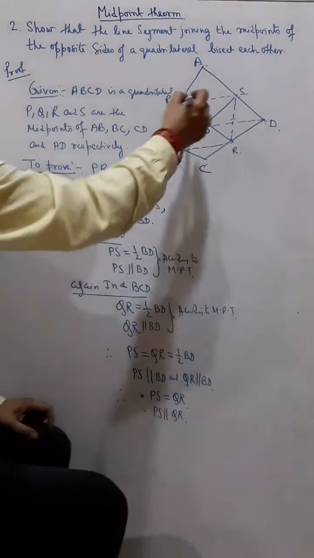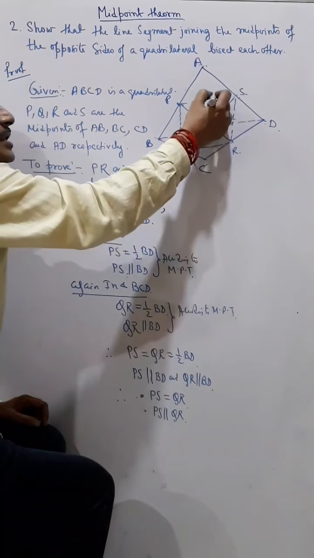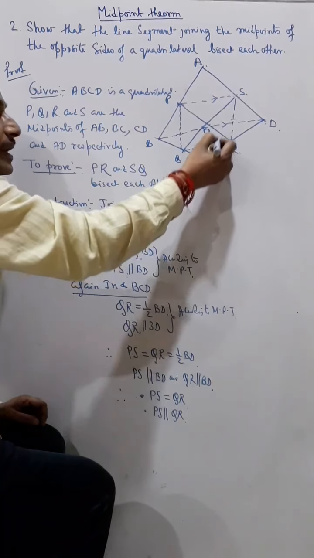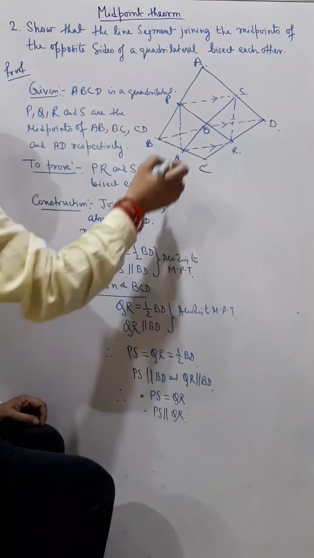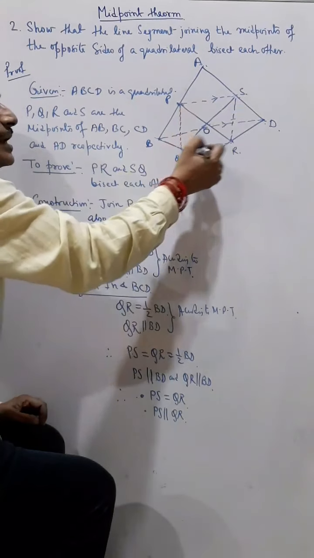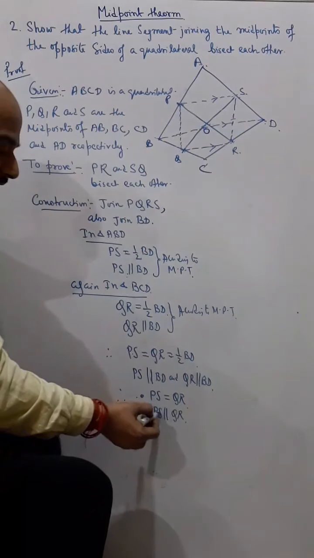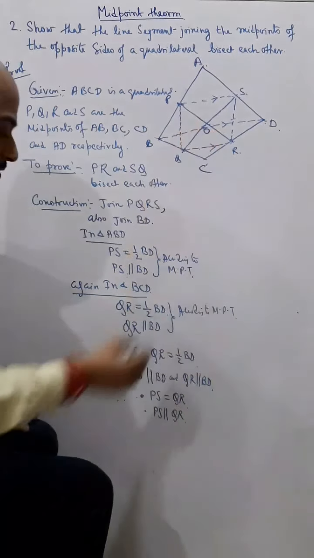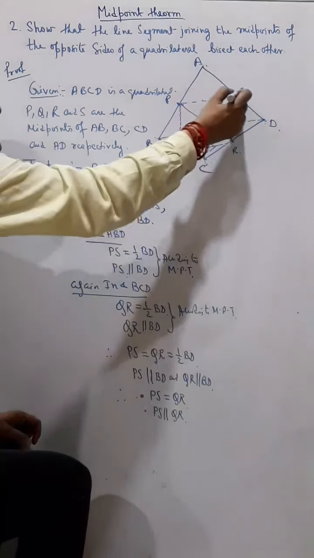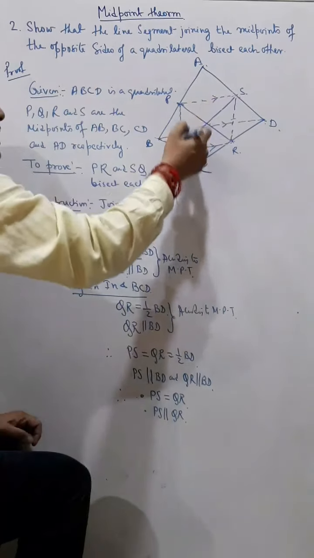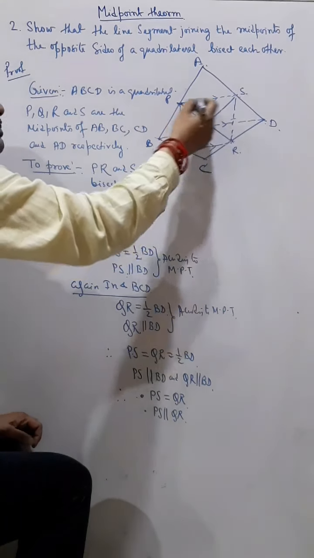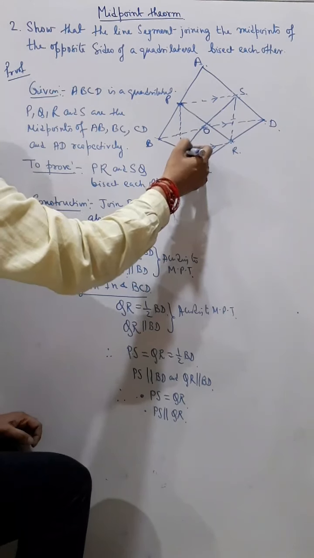Try to understand, if PS is parallel to BD and if QR is also parallel to BD, then finally I can say that PS is parallel to QR. So PS is parallel to QR, and similarly PS is also equal to QR. So you can see in this figure, this PS is parallel to QR and PS is equal to QR.